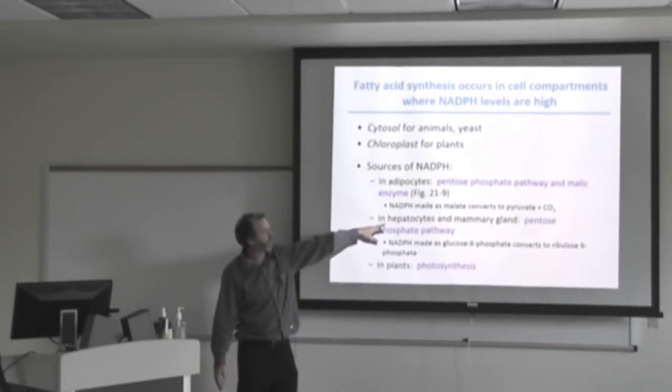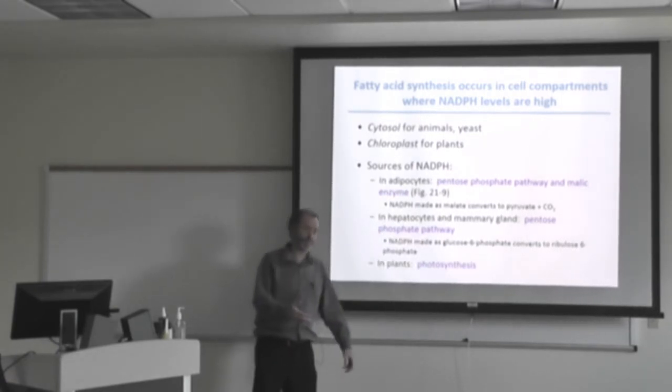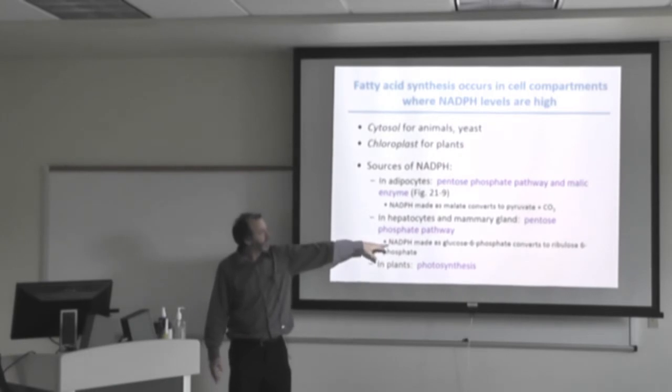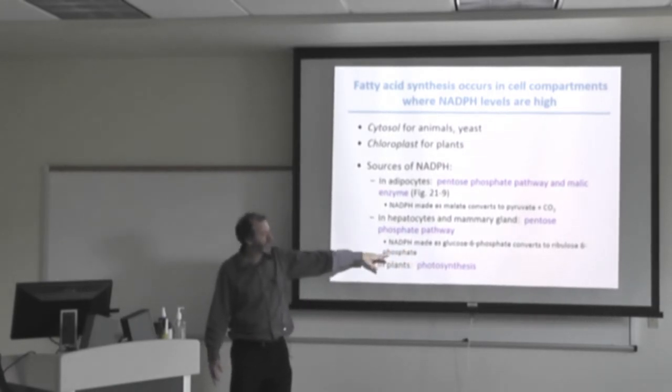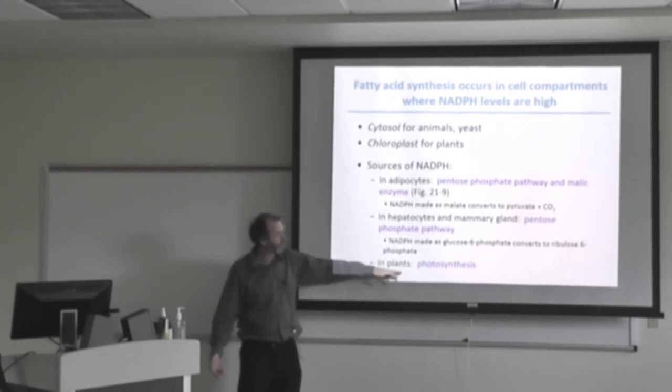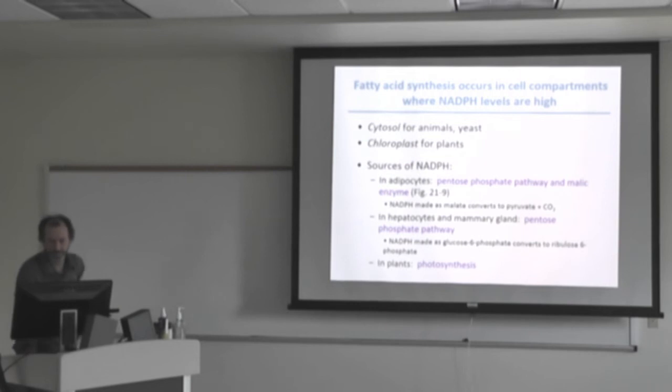In hepatocytes and the mammary gland, the pentose phosphate pathway is where we get our NADPH, made as glucose 6-phosphate converts to ribulose 6-phosphate. And then in plants, photosynthesis drives NADPH production.